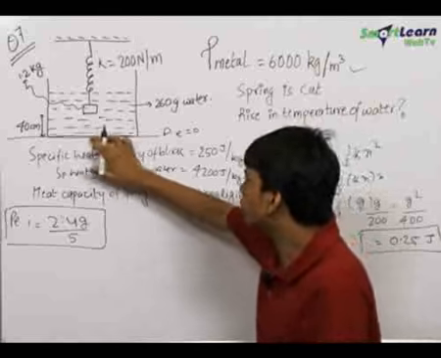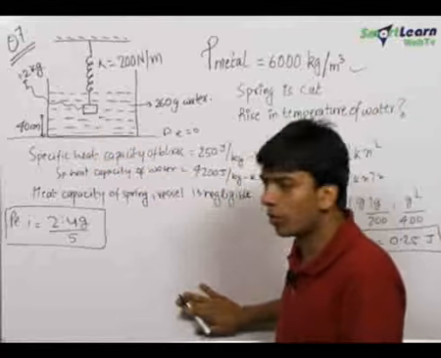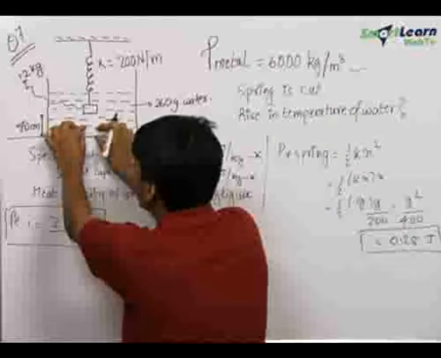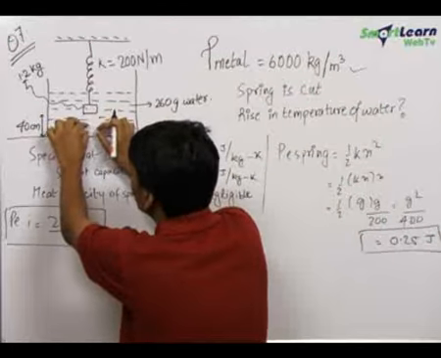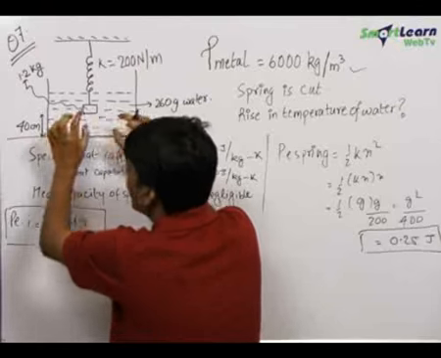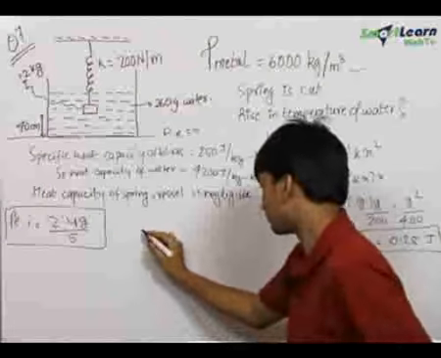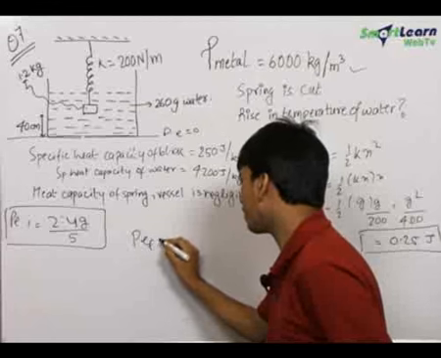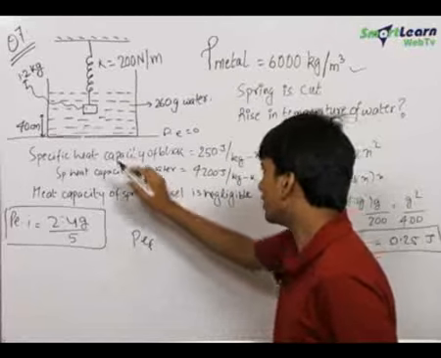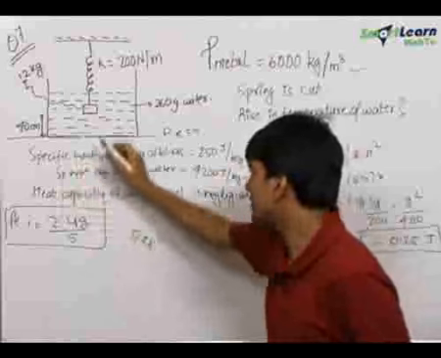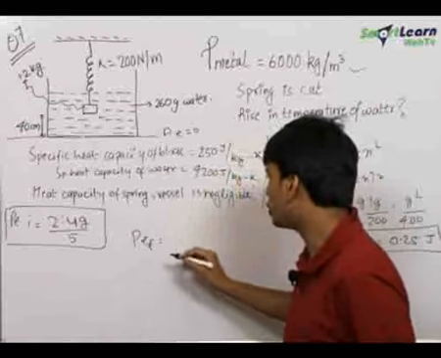Since the block comes down to level 0, the potential energy of the block is 0, but there is some potential energy of this block of water which was initially here. This block replaced its position, so this mass of water can be assumed to be taking the position of the block. Therefore, the final potential energy of the system comes out to be equal to the mass of this block of water, that is, the mass of the block of water equal to the weight of this 1.2 kg mass.